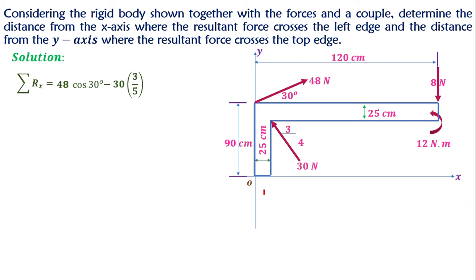So we have here summation of the resultant muna. So we have 48, kasi we have here the x and y component. Ayan. Dito, di ba? We have x and y. Dito meron din. Ayan. So this will be 5, kasi may x and y component yan. Diba? So, makukuha natin yung 23.53.